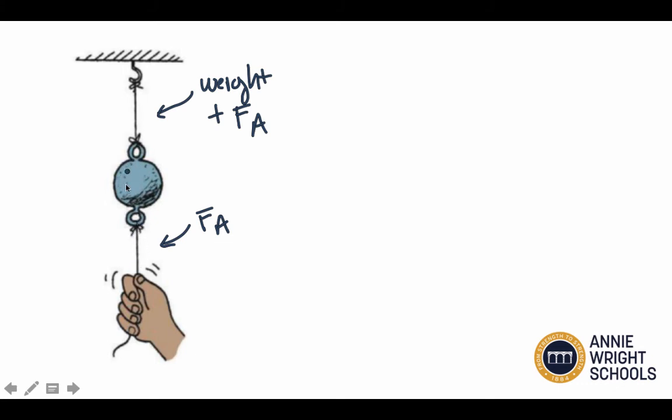The mass here does not want to move. So when I jerk that string, it's more likely that this bottom string will break due to the sudden tension there and the lack of movement that this ball will want to have. It will want to stay at rest. But if I pull slowly, then this will break.